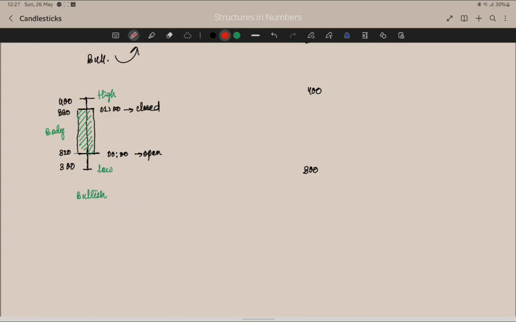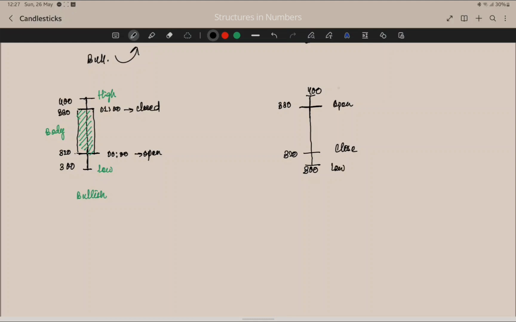Let's try to understand the bearish candlestick. In this case, let's say the market was at a price level of 320. At this price the candle started to form. It went down, went up, touched the 400 level, and then went down, touched the 300 level, and then closed somewhere around 320. So it opened at 380 and it closed at 320.